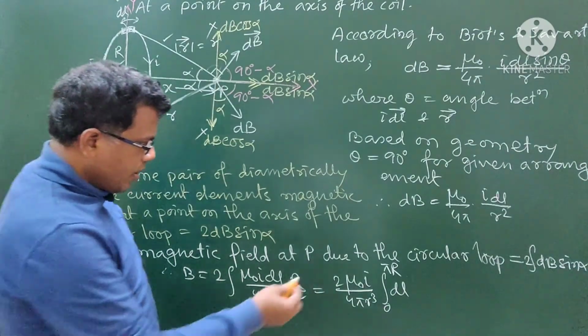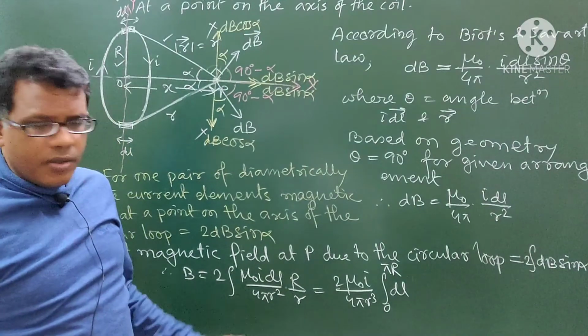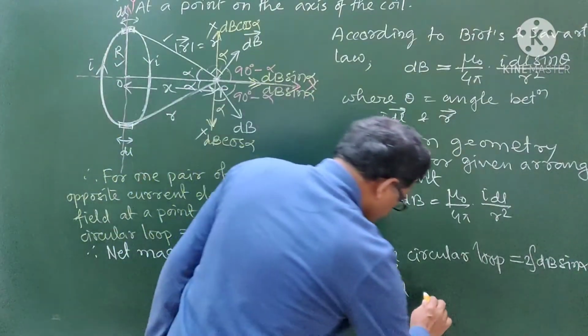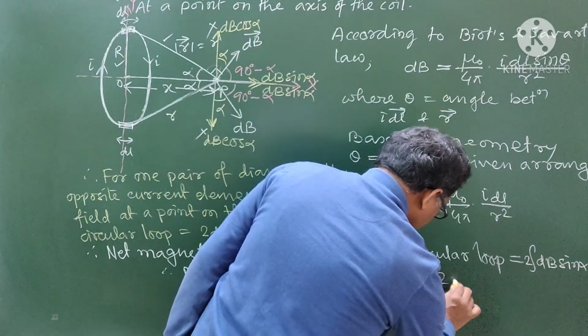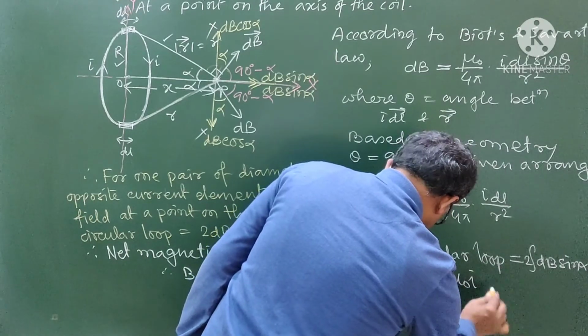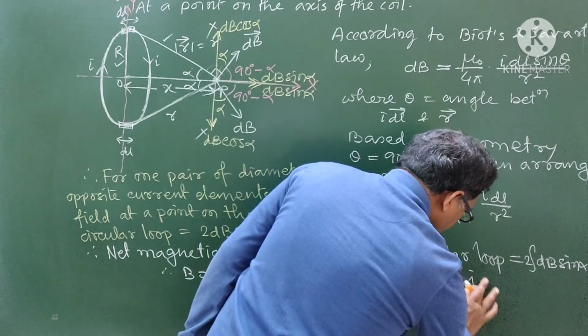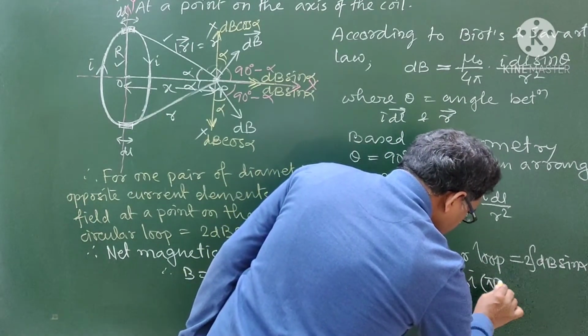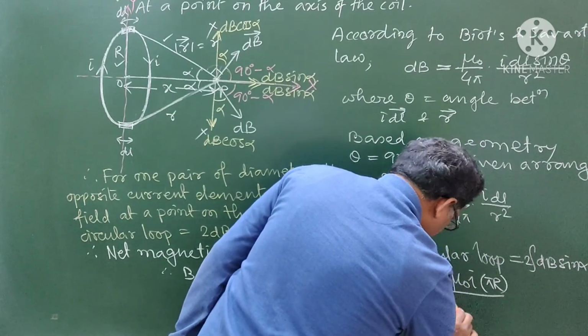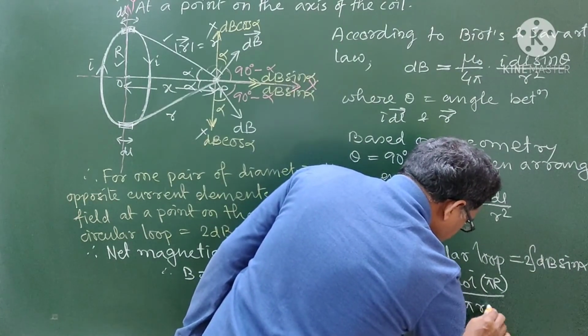So integration of dl will be L, so limit we can use as pi r. So that means the final answer is 2 mu naught I into pi r divided by 4 pi small r cube.